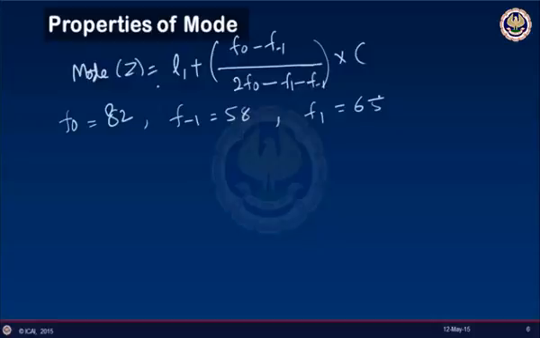The class with the highest frequency is the modal class, so the lower class boundary is 409.5, and the length of the class interval is 429.5 minus 409.5, which is 20.